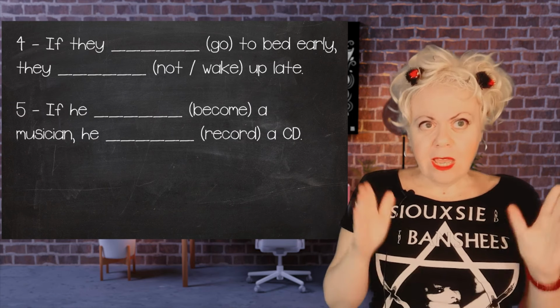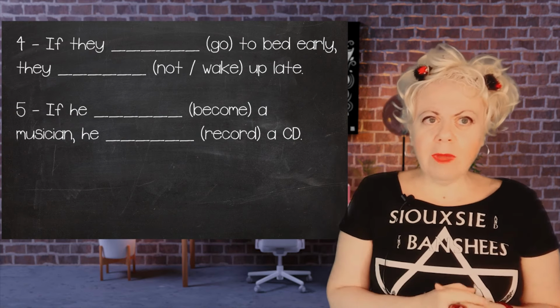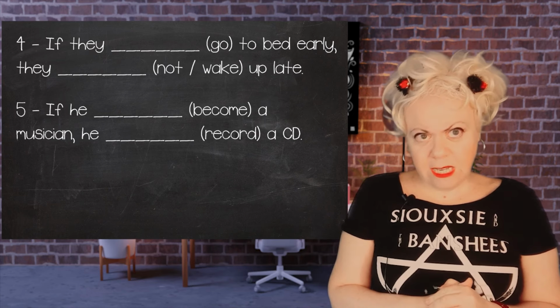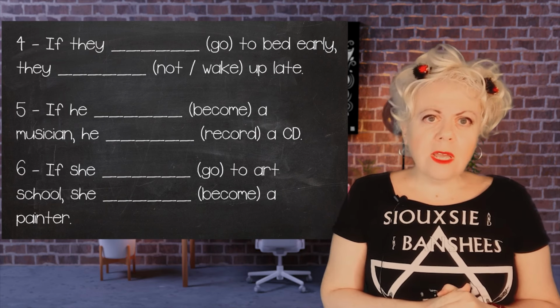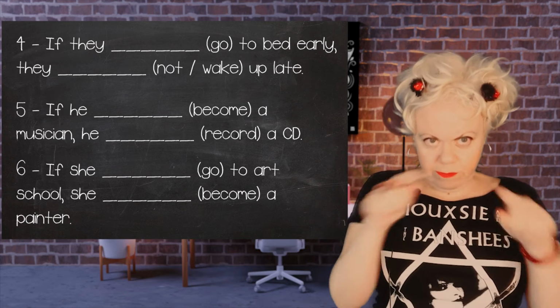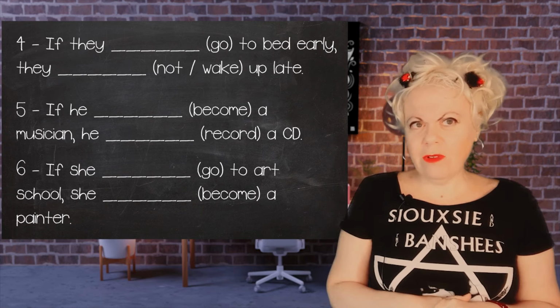Number 5, if he become a musician, he blank record a CD. Number 6, if she go to art school, she become a painter.